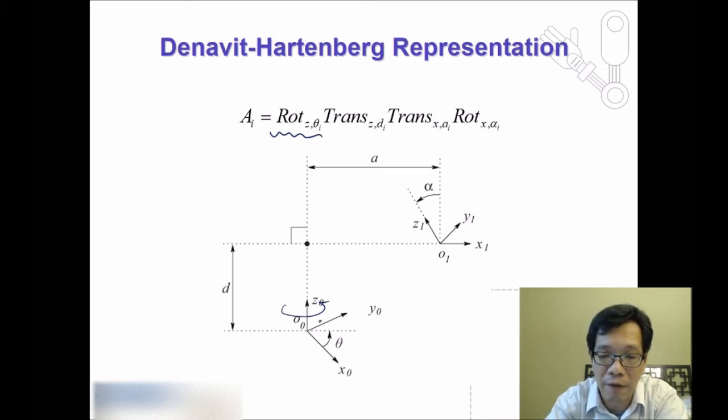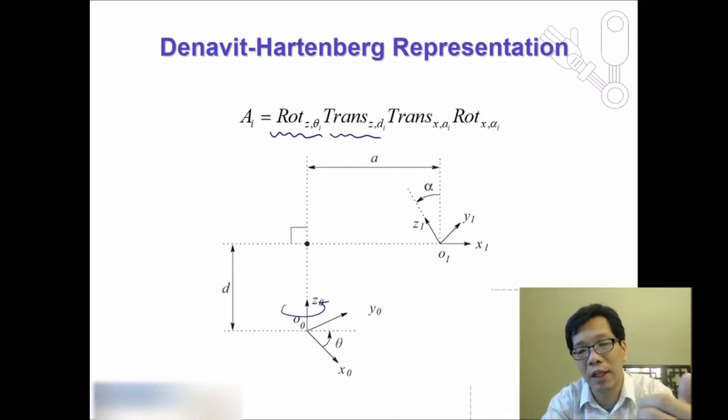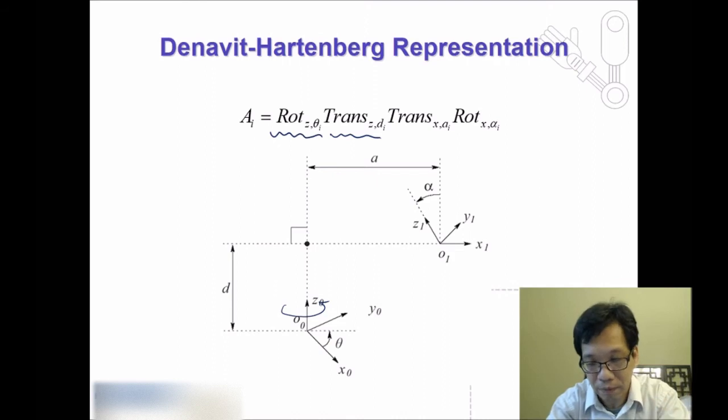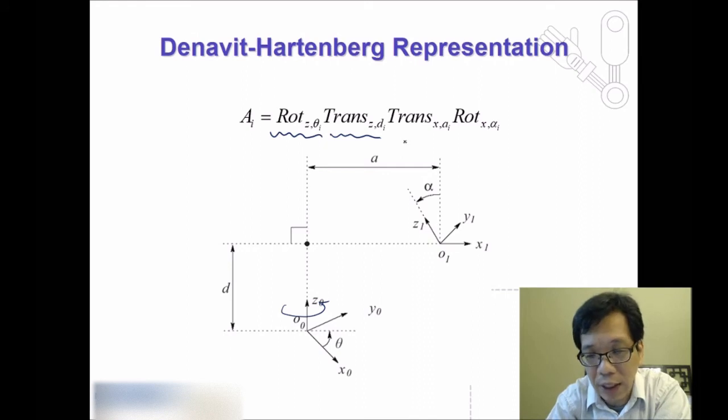And if this joint over here has some kind of a distance between itself and the next linked joint, then that is something we define as my d, and this is going to be a translation since this is pure distance. After that, the linkage between the first joint and the second joint got some kind of joint offset, which is along the x-axis. Then we're going to use a translation matrix to represent the translation between joint 0 and joint 1.